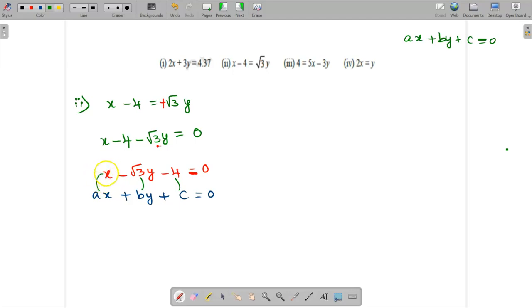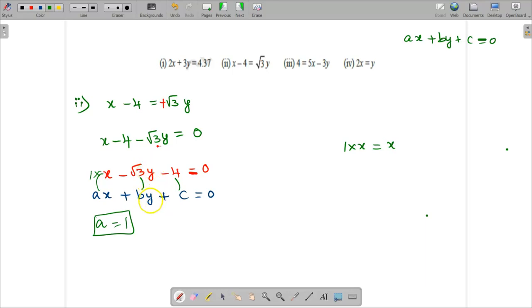Whenever there is no value before x, it means 1, right? We know that 1 into x is just x. So what is the coefficient of x? It is just 1. So the x coefficient here is a, and here the x coefficient is 1. So both will be equal. So a equals 1.